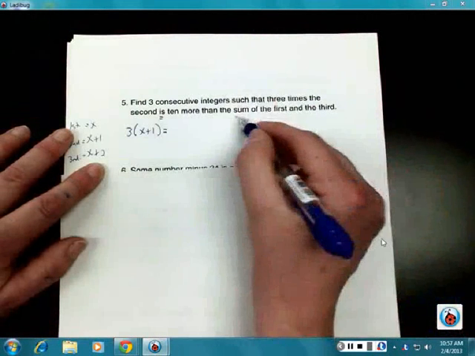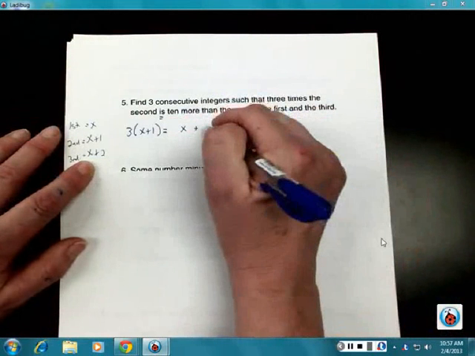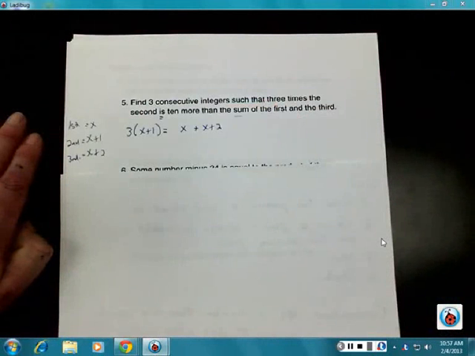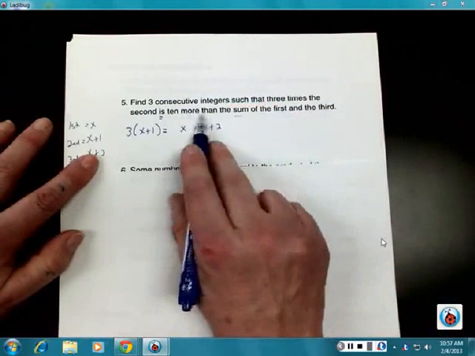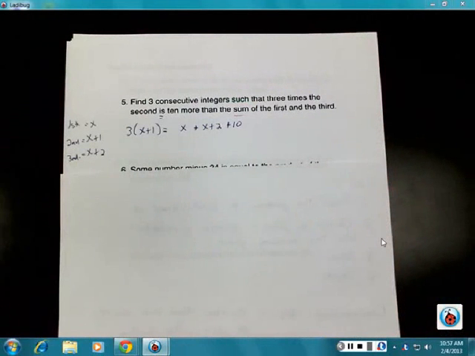So the sum of the first, which is x, plus the third, which is x plus 2. We okay so far? But it is 10 more than that, so I need to add in 10. And that's your equation.